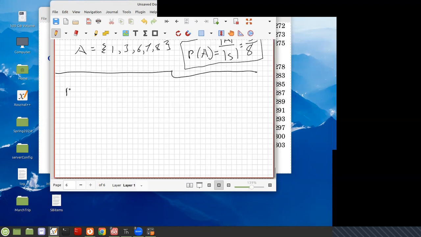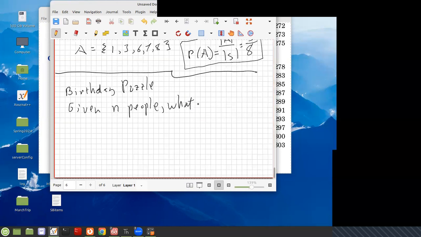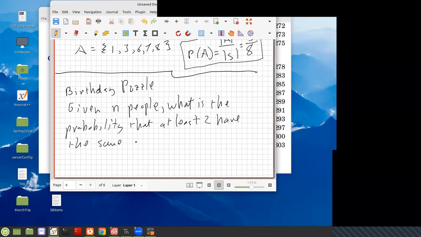So the birthday problem or puzzle is: given n people, what is the probability that at least two have the same birthday? That is, the same day of the year.